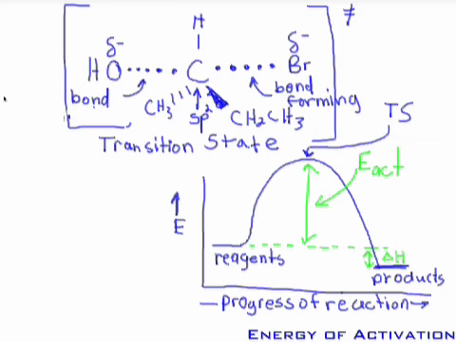Sorry about that. The bond forming to the oxygen is a little shorter, a little more bond, and the bond breaking, the bromine's a little further away, a little more on its way to becoming free bromide ion.